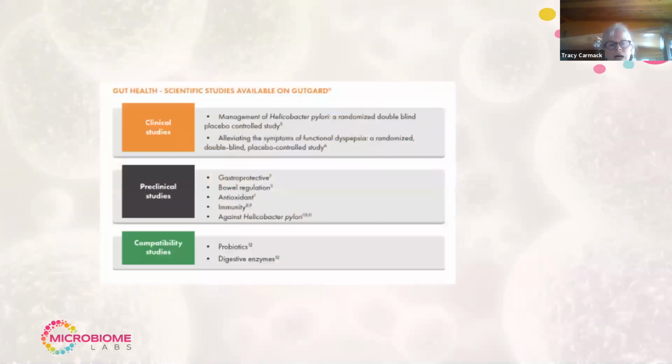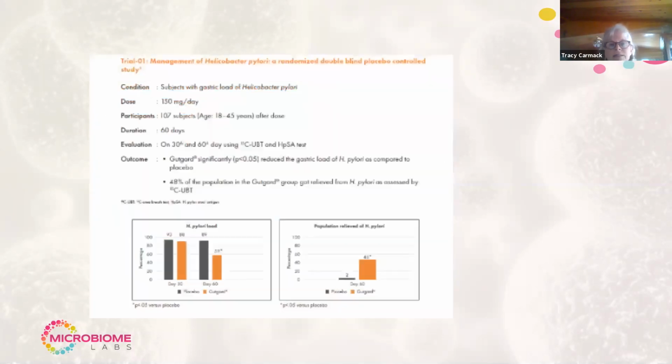ingredient in this product. Here it's grouping the studies that have been made available on this product, from clinical studies, preclinical studies, and compatibility studies. So when people ask, can we take the MegaGuard with probiotics? Can we take it with digestive enzymes? Can we take it with bile salts? The answer is yes.